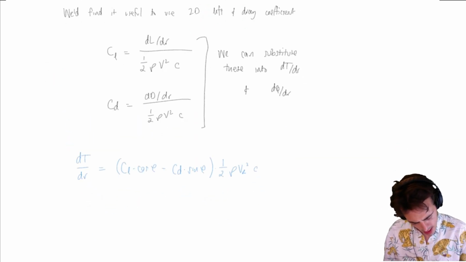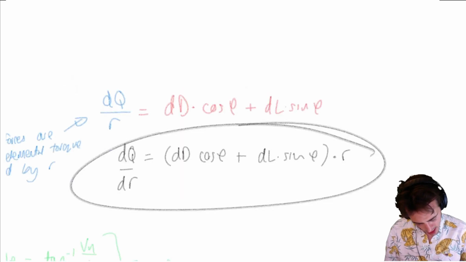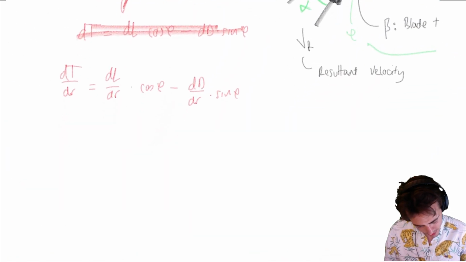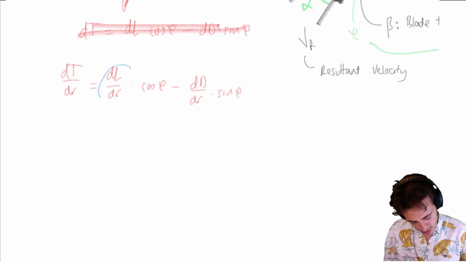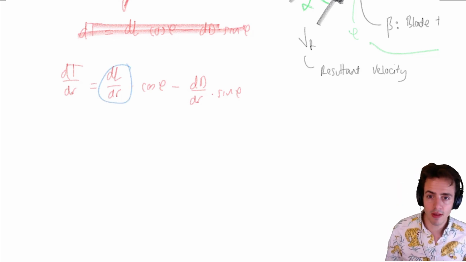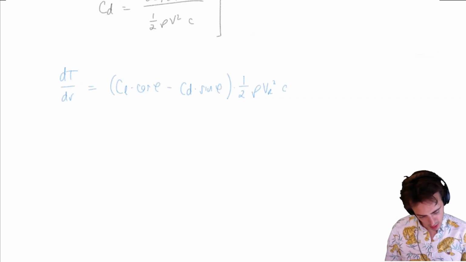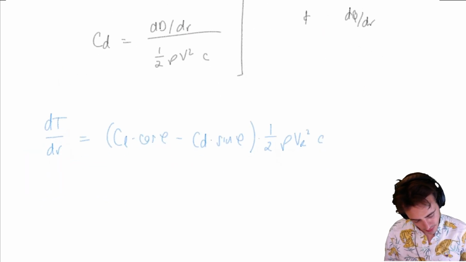That's just taking the thrust and torque gradient that we had on the previous page. So that's our thrust gradient here, and I've replaced these with Cl and Cd because we've defined these here.